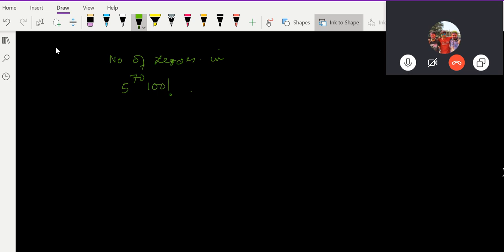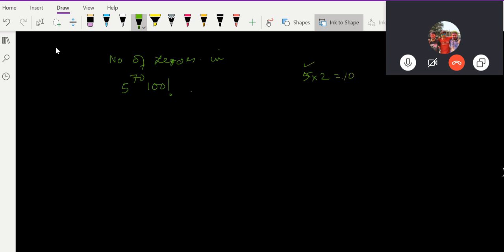A zero means 10. If we consider 10, 10 means 5 into 2. So I just figure out the count of 5. Why? 5 into 2 is 10, that is fine, but why do you say 5 is less than 2 in count?